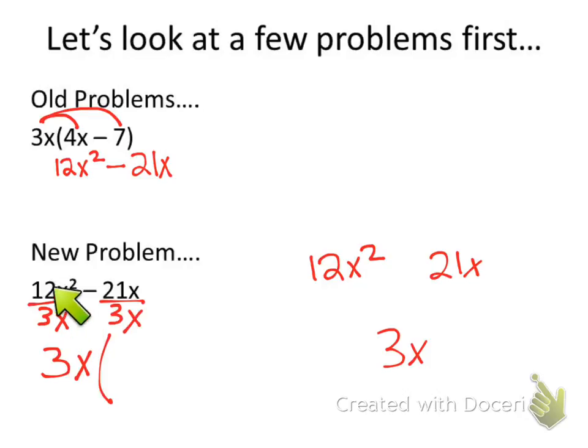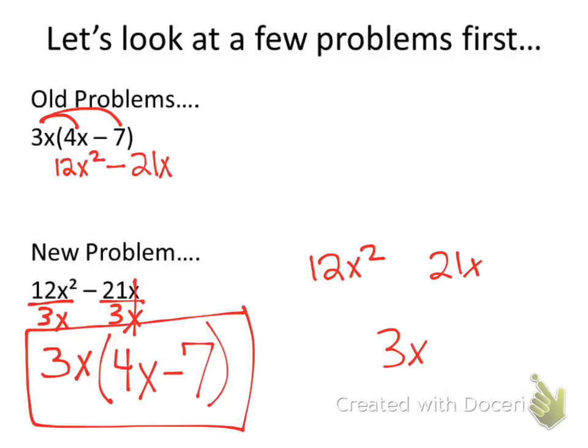So what is 12 divided by 3? 4. If you had two x's and we're taking one of them out, how many would you have left? Just one, just x. Minus, here you took both x, you took the only x out, so we don't have to worry about the x's. And 21 divided by 3 is 7.